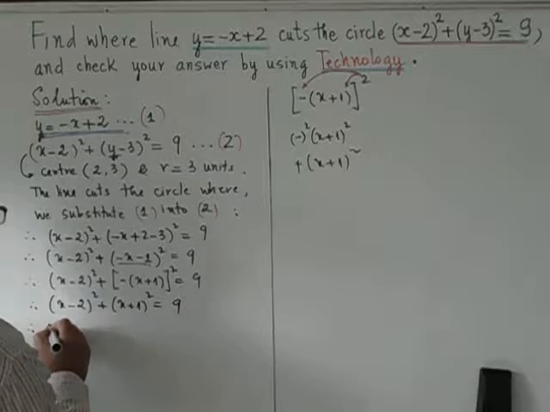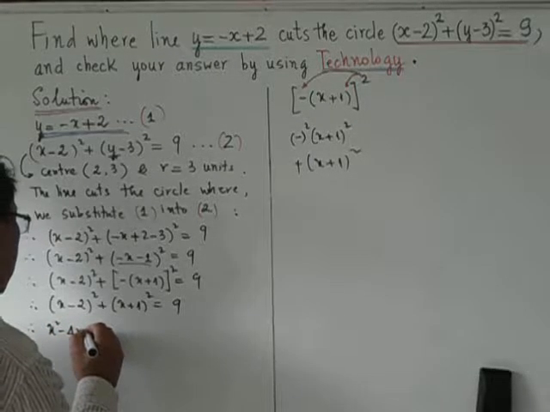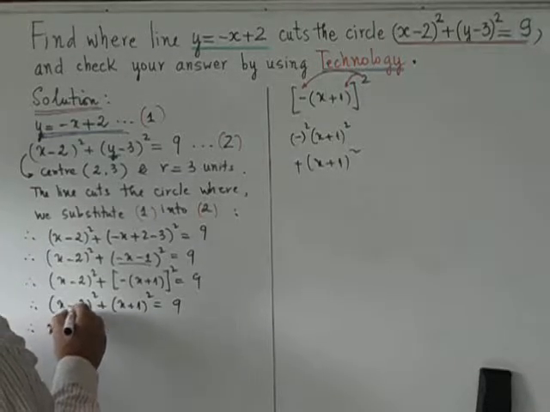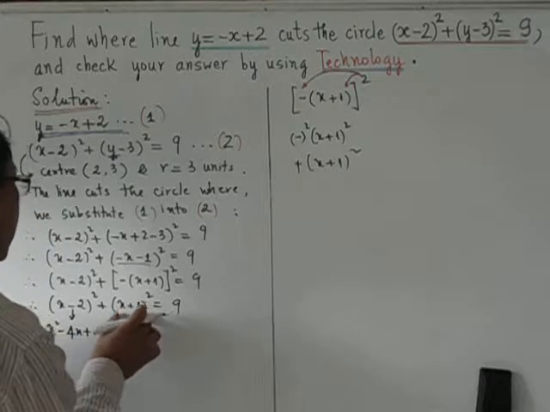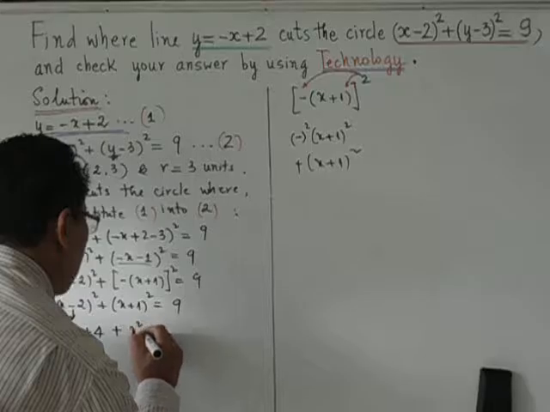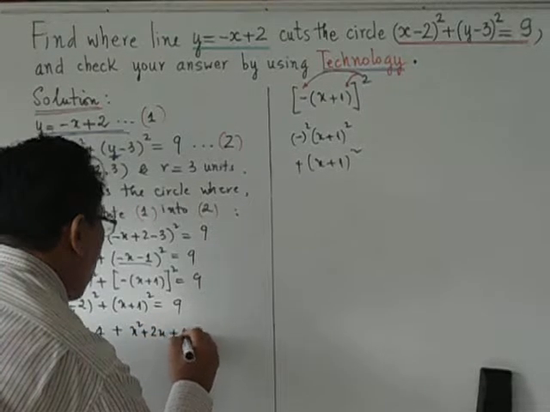We have x power 2 minus 4x plus 4 for that. And with the second quadratic factor, we have x power 2 plus 2x plus 1.